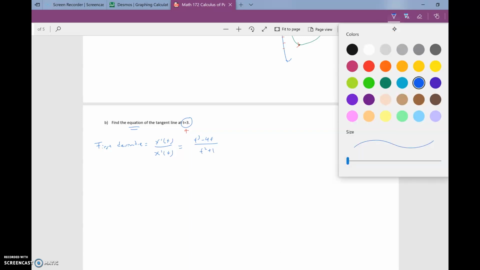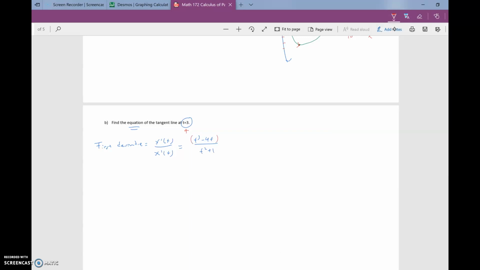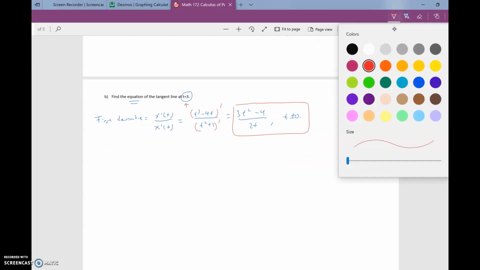And remember that you're taking derivatives, so prime, prime. The first derivative is going to be 3t squared minus 4 divided by 2t. We're assuming that t is not equal to 0.